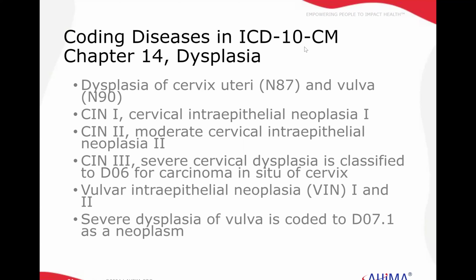And again, on this slide, we see the dysplasia in N87 and N90, the CIN1, where it's just cervical intraepithelial neoplasia. When it becomes moderate, it becomes CIN2, and then when it becomes severe, it's CIN3.